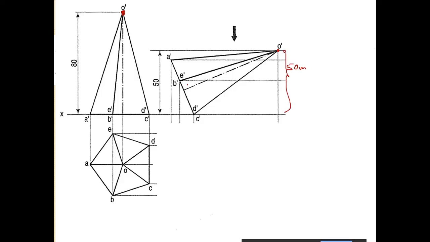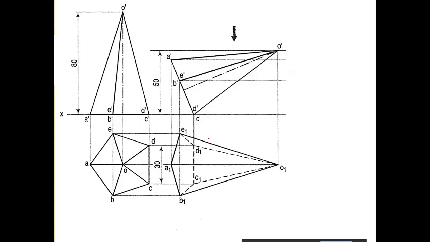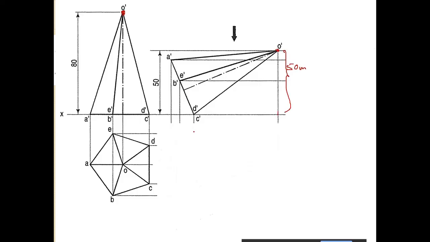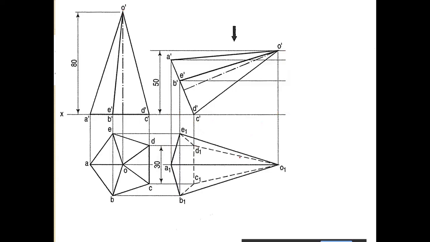From there we have to rotate it in this manner, such that this point is 50 mm above the HP. This is step 2. Then we drop the projectors down in this manner, and we get the top view.